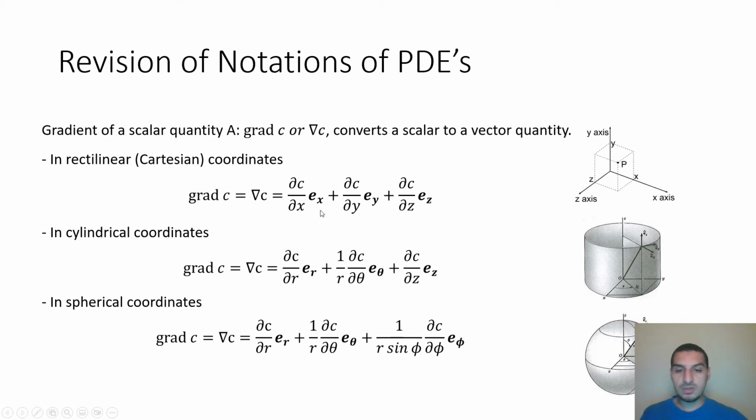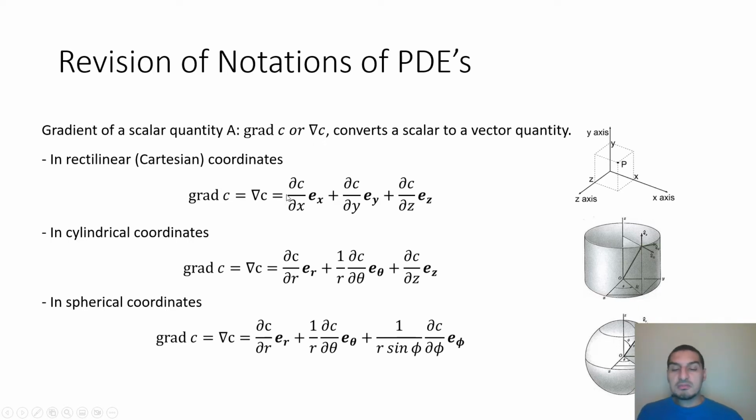And I'm putting all these equations in terms of concentration because we use concentration a lot, so this is going to be the most convenient thing here. So this is what we call a gradient of a scalar quantity. We can write it as grad C or nabla C.